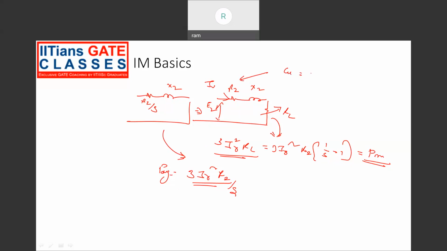So that is given by 3 IR square R2. Now if you take the ratio of PAG to P copper to gross mechanical power developed, it is 1 to S to 1 minus S.